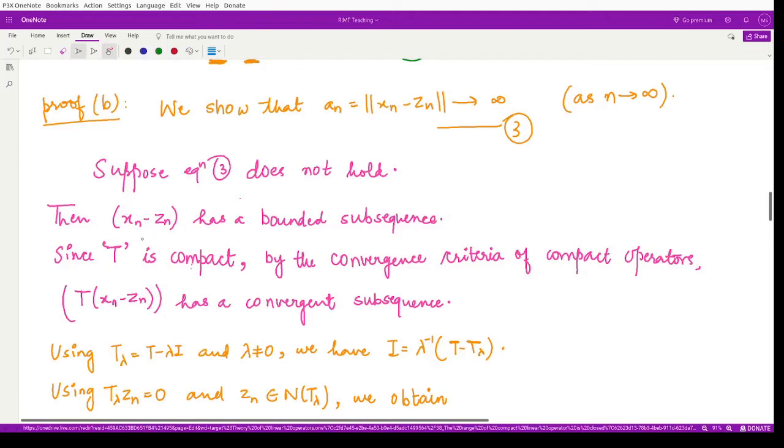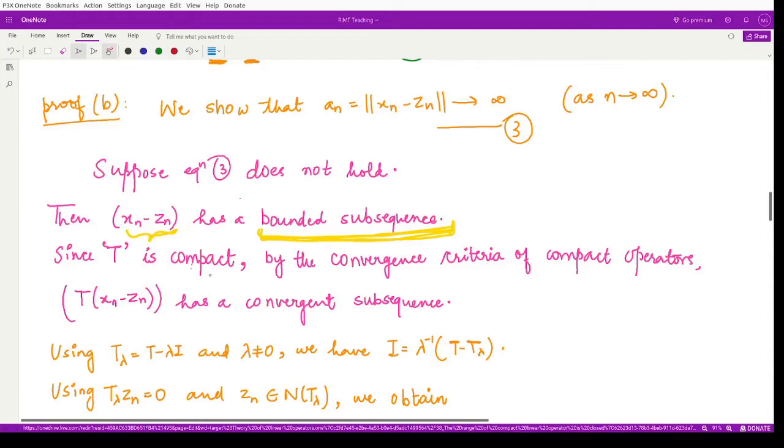That means the sequence xn minus Zn has a bounded subsequence, because the distance is not proceeding towards infinity.